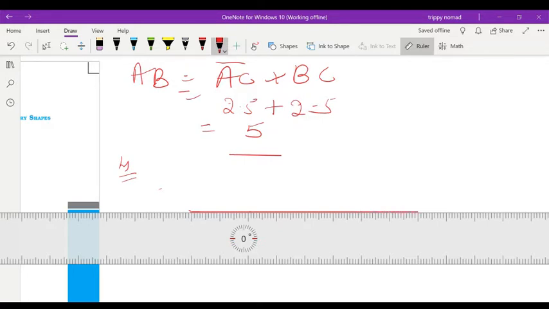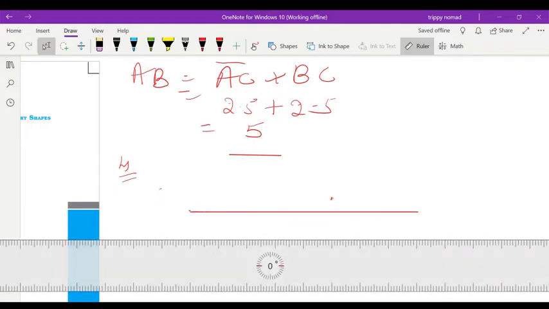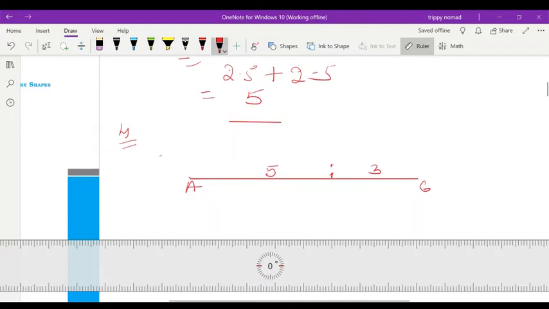I have drawn up to 8 and then they asked AB 5. 1, 2, 3, 4 and this one will be 5. Children, I marked it so that I will be able to get the point. AB was 5 and this was 3. Okay, so I am writing here, this is B point. Obviously, it will lie in between A and C.